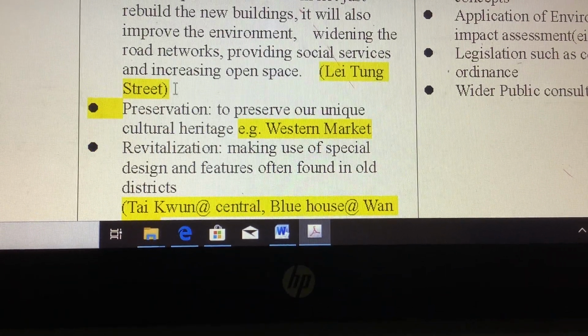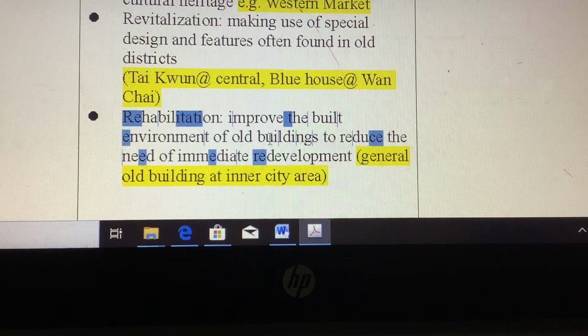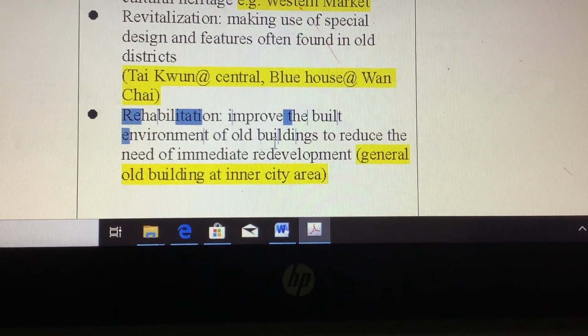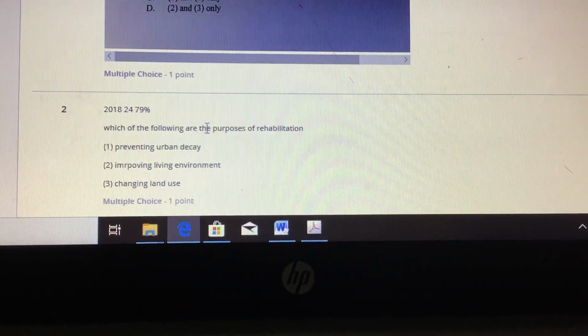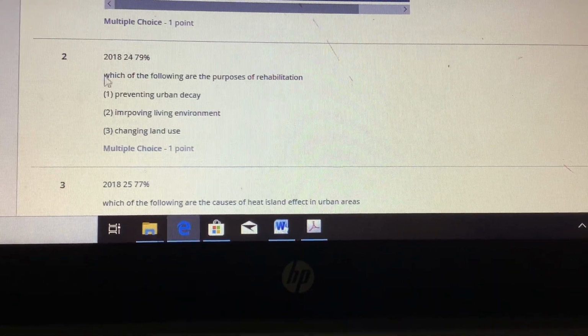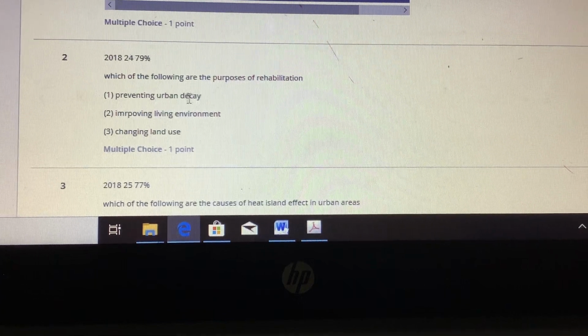One of them is rehabilitation. Rehabilitation improves the building environment, and we will repair the old buildings. So accordingly, this one is correct. You can find it in my summary.